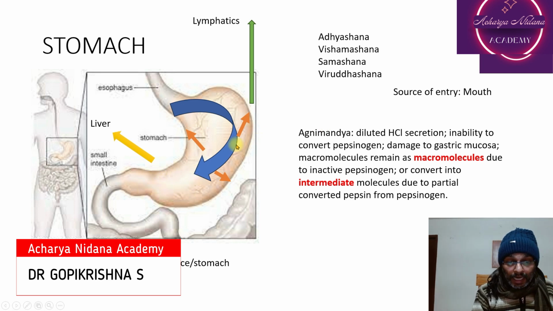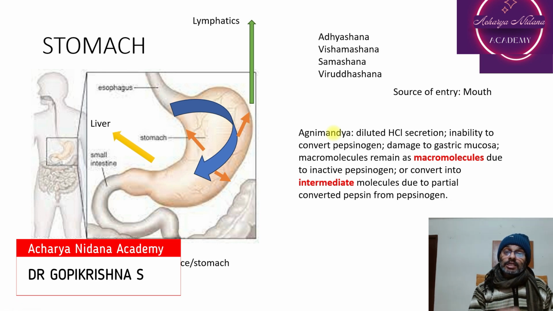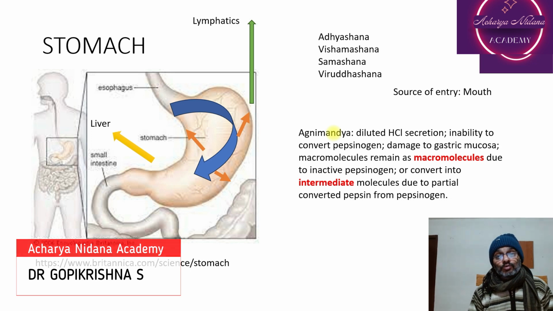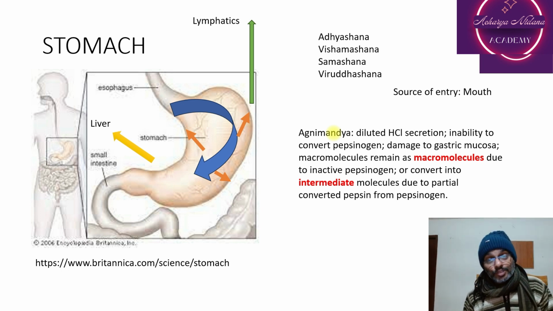And the reason they remain macromolecules or intermediate molecules is Agni-mandya. Why does Agni-mandya occur? When a person consumes food while doing adhyashana, it is responsible for the dilution of hydrochloric acid. When the hydrochloric acid is diluted, the next phase is inactivation of the conversion of pepsinogen into pepsin.